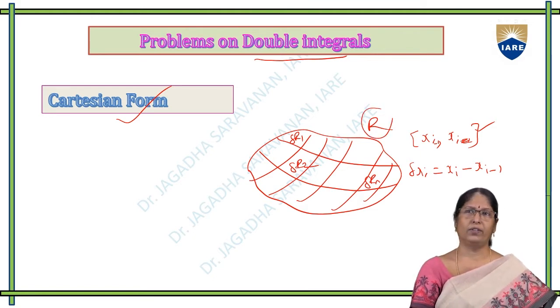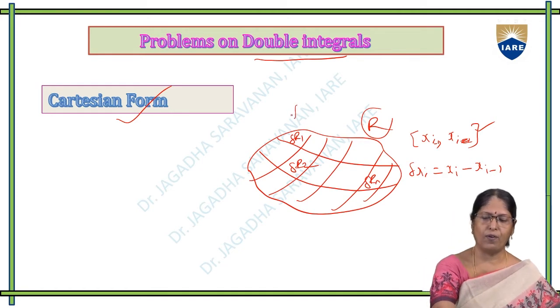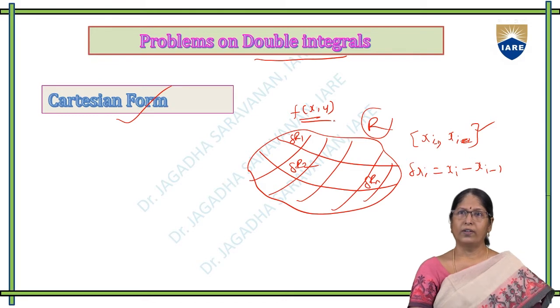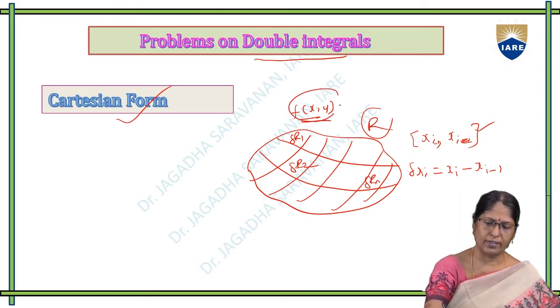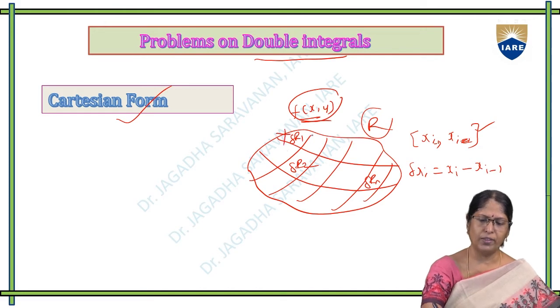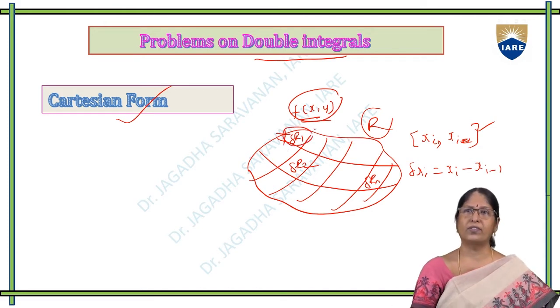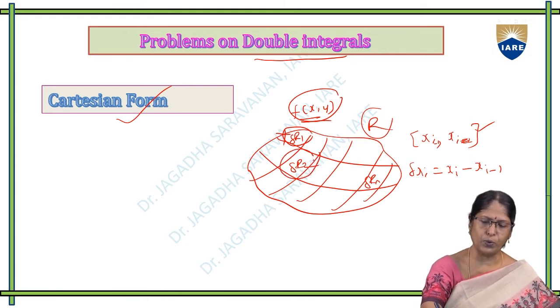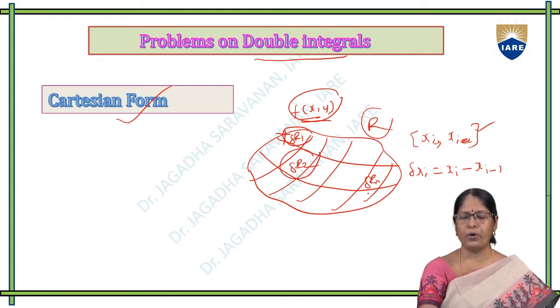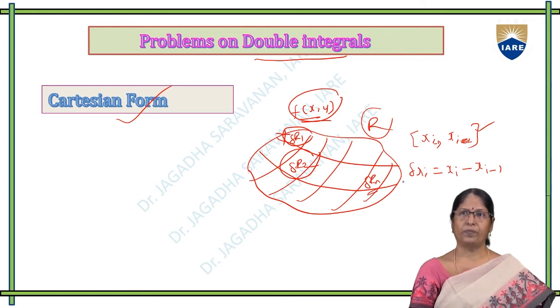They defined the function f of x comma y. We are going to calculate the area, that is, the function into this particular region delta R1, plus the function into delta R2, up to n times.